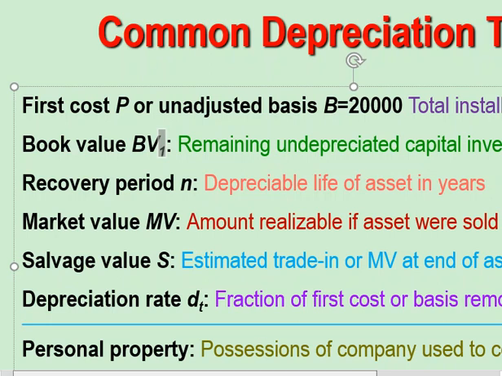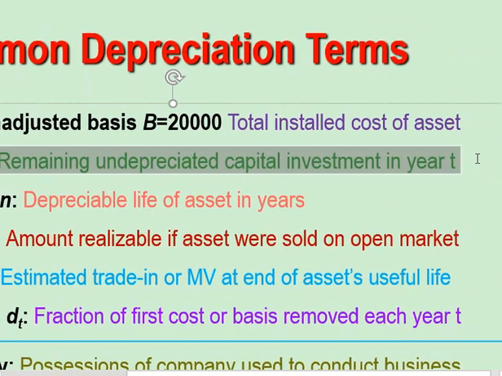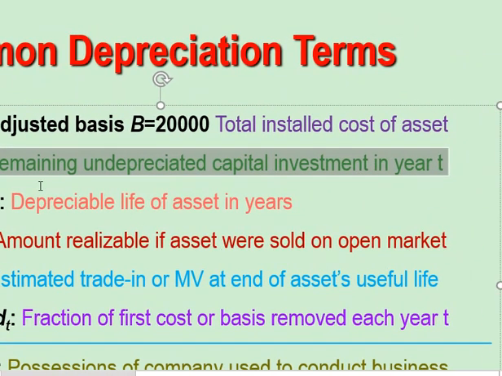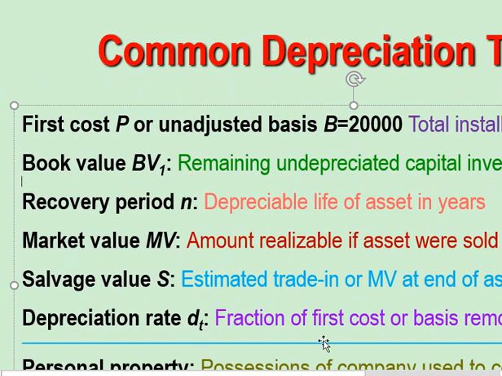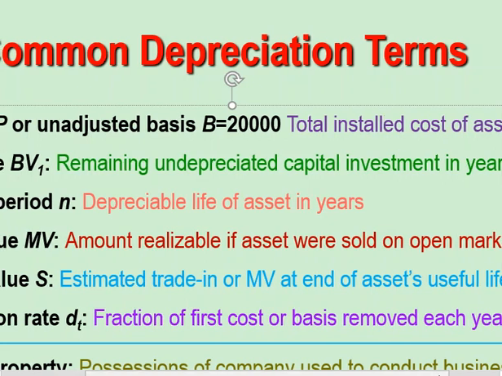What is a book value? As you see here, it is the remaining undepreciated capital investment in year T. We're going to see some examples and make it much clearer.